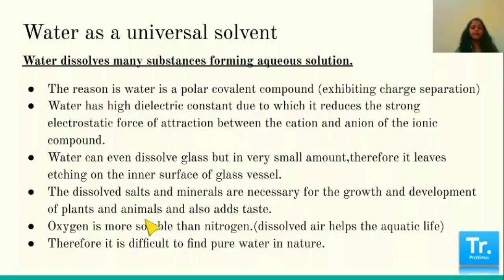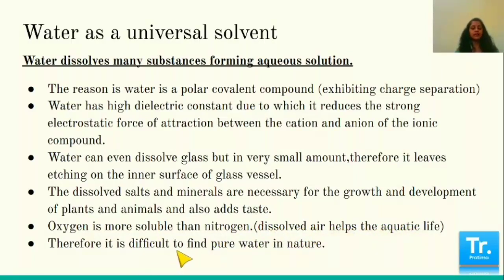Important, okay? Then we say universal solvent, even gases dissolve in it. All kinds of substances, most of them, dissolve in water. So do gases. But among gases, oxygen is more soluble than nitrogen, because in the air nitrogen is present mostly, but while dissolving, oxygen is more soluble than nitrogen, and therefore it helps the aquatic life of both plants and animals.